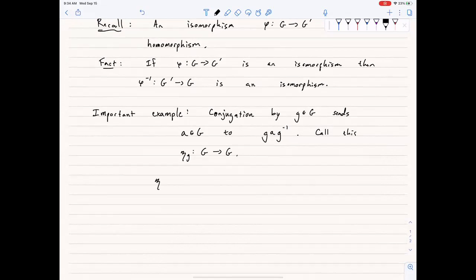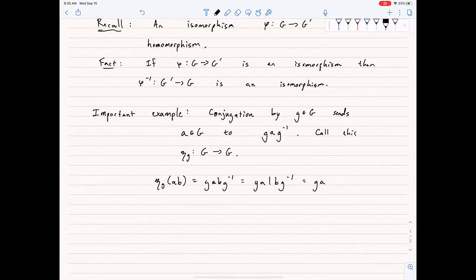So let's say we have eta sub g and we take ab. By definition, this is g times ab times g inverse. But maybe one way of writing this is g times a times the identity times b times g inverse. Put an identity in wherever I want, right?